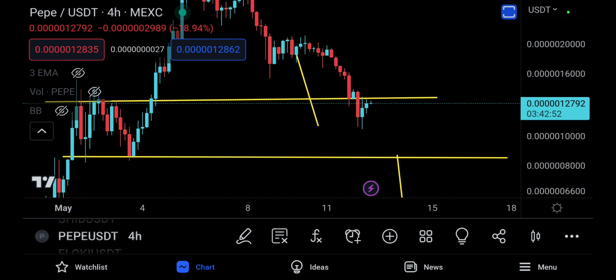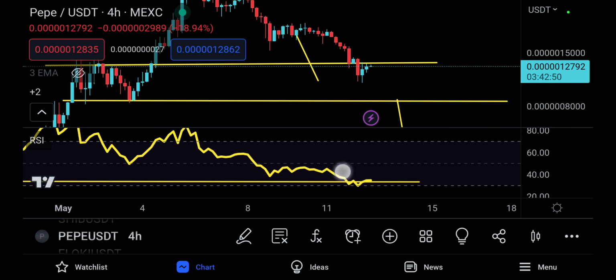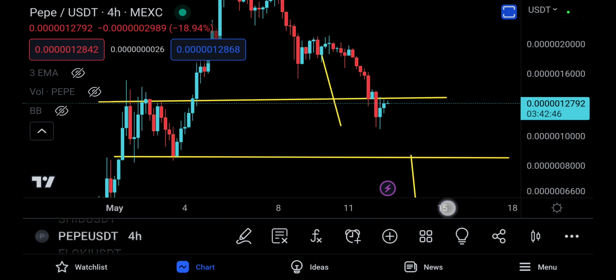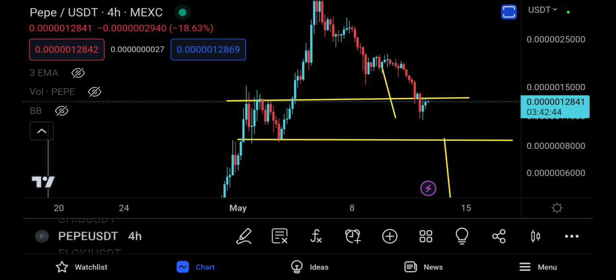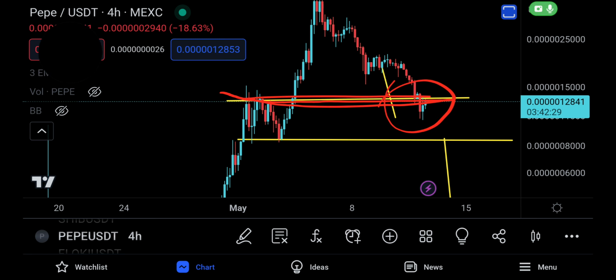Yes, I understand that if you go with the RSI, you do have this, but RSI is not the only technical factor that you're going to take into consideration. Those are more like lagging indicators. They're not really important. Support and resistance and Fibonacci retracement are more of a leading thing right now.